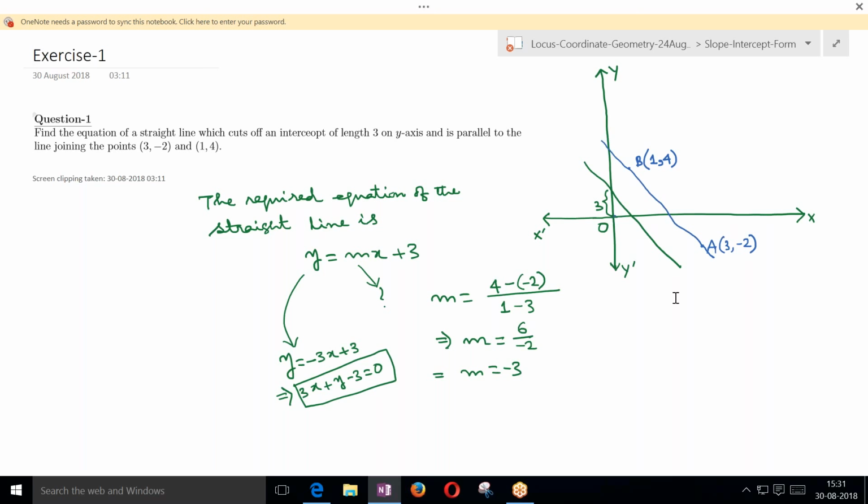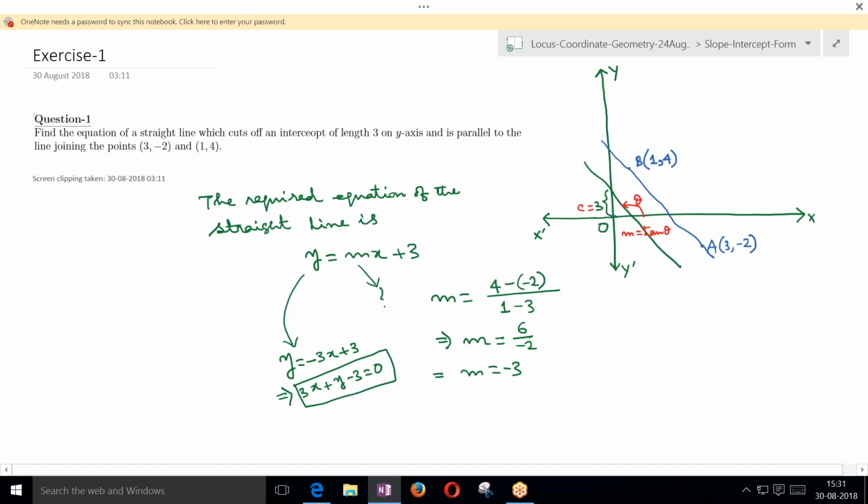So the first information we get is the intercept, that c, that is given to us. C is equal to 3. Now suppose we call this angle theta, then what is m? M is equal to tan theta, correct?